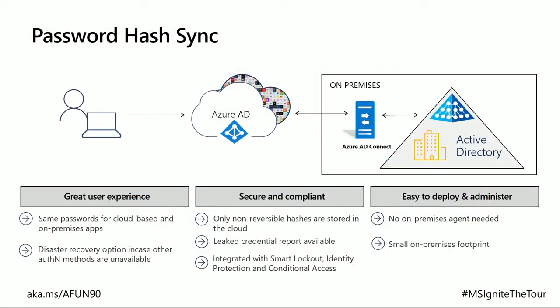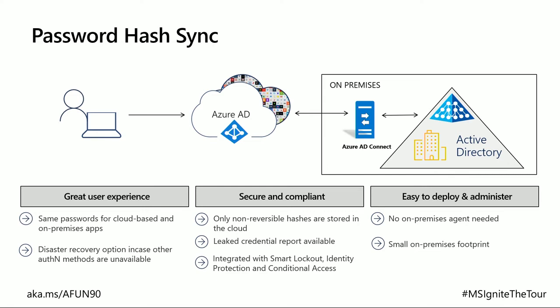Let's talk about passwords. We never, ever, ever, ever copy your password from your on-premises AD into Azure. Your passwords stay on-prem. What we do is we copy up the password hash. So how this works is an algorithm gets run against your on-prem password, a cryptographic algorithm that cannot be reverse engineered.